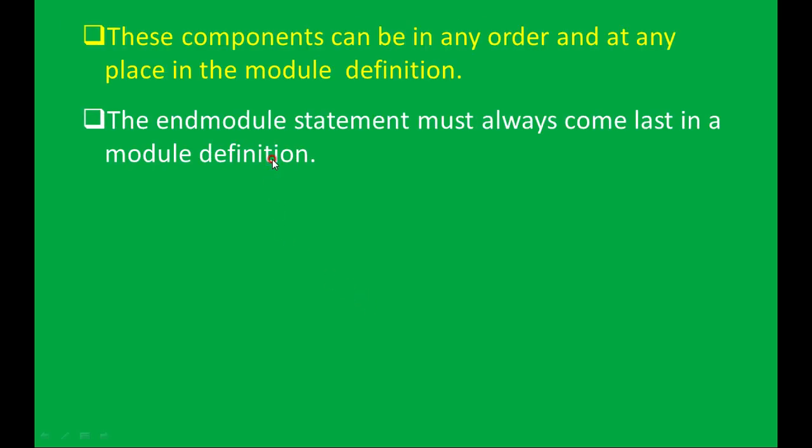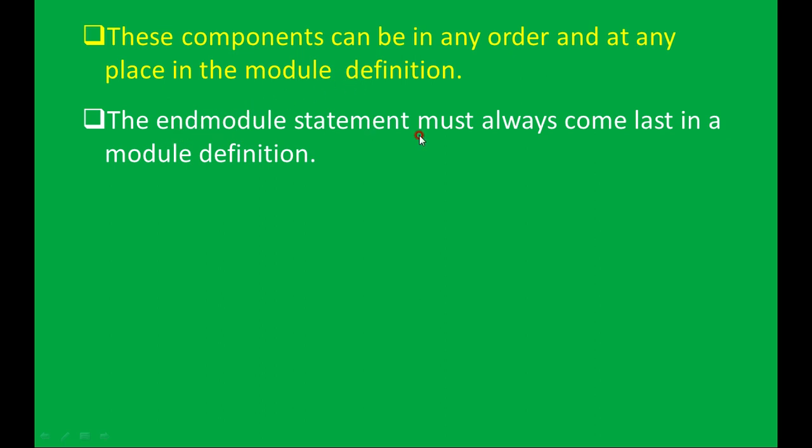Apart from that, the components can be in any order at any place in the module definition. The order of the statements that we write within the module can be any order because they are executed concurrently.